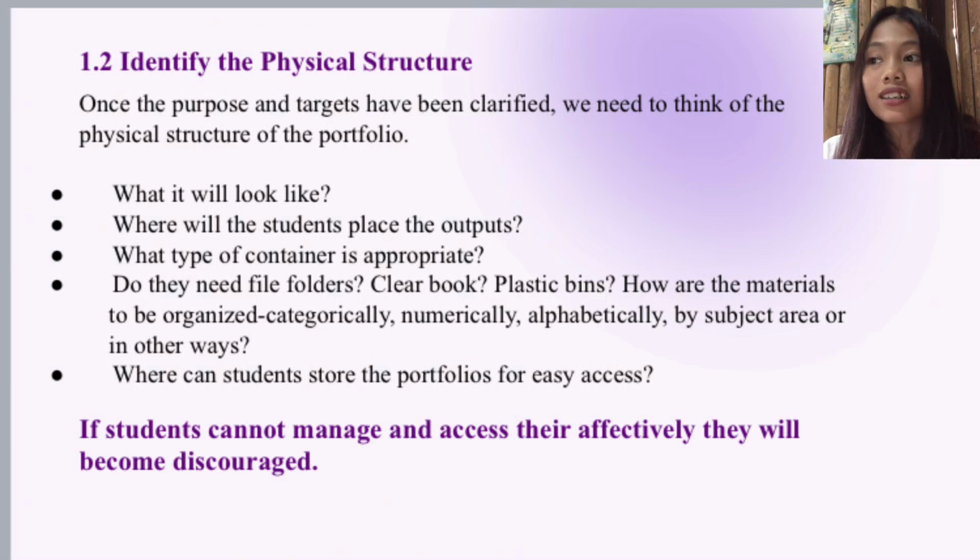How are their materials to be organized: categorically, numerically, alphabetically, by subject area, or in different ways? And where can students store the portfolios for easy access? If the students cannot manage and access them effectively, they will become discouraged.